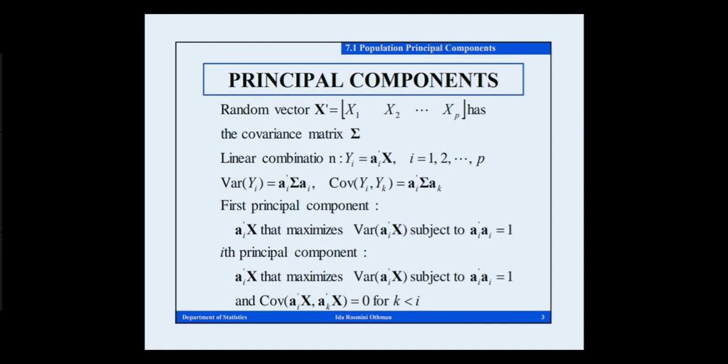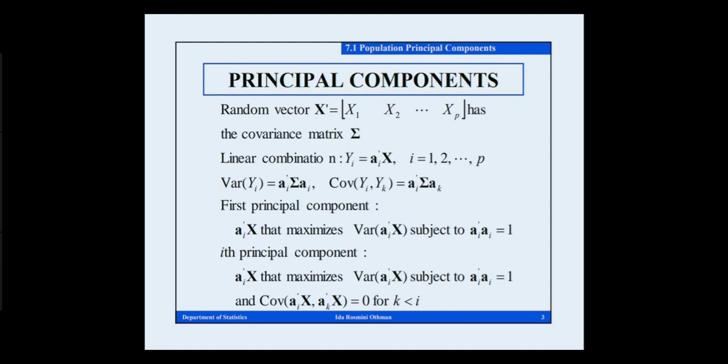Okay, so if we have two linear combinations, it will be y1 and y2. When you multiply the matrix Ai with X, you will get linear combinations in the form of functions like that. Okay, that is called a linear combination. You can refer to page 431. So we will have yi up to p, which is the linear combinations y1 until yp.